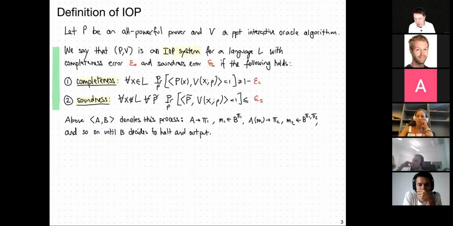Okay, and you just continue this way, and as the interaction proceeds, the oracles pile up onto the verifier, and the verifier at any moment in time can query any of the oracles received so far, but obviously not oracles that haven't been produced yet. And at some point, the verifier gets tired, decides to output a decision bit, and that's the decision bit that we're discussing here. Okay. Any questions about the completeness and soundness definition?